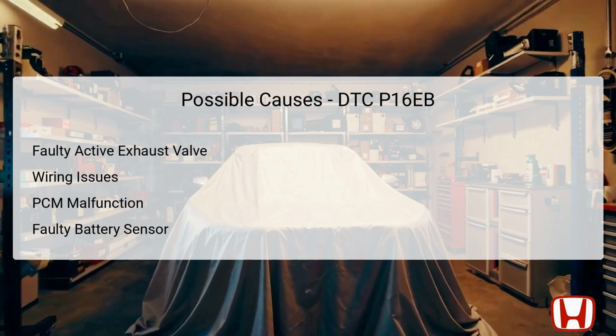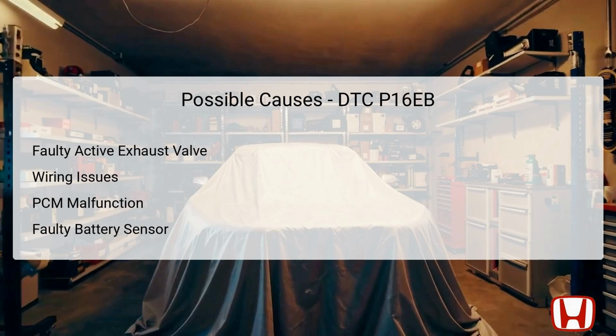A faulty active exhaust valve can hinder proper opening and closing operations, disrupting communication with the PCM. Wiring issues are another common culprit. Damaged or corroded connectors or wires can obstruct the flow of electrical signals necessary for proper actuator operation.